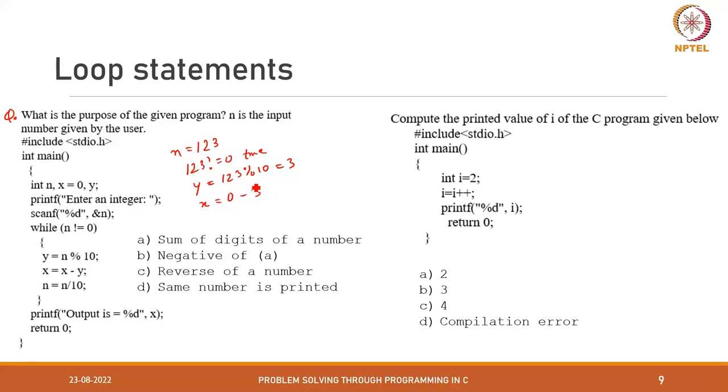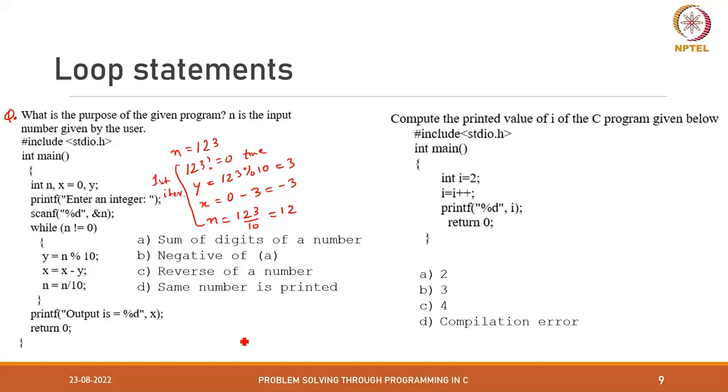So the value of x is minus 3, and n is an integer, keep that in mind. So we'll do 123 by 10, which is basically 12. The part after the decimal will be dropped because this is an integer variable, so we cannot store floating point here. Okay, so this is the first iteration.